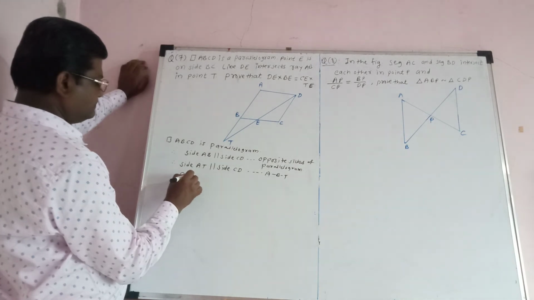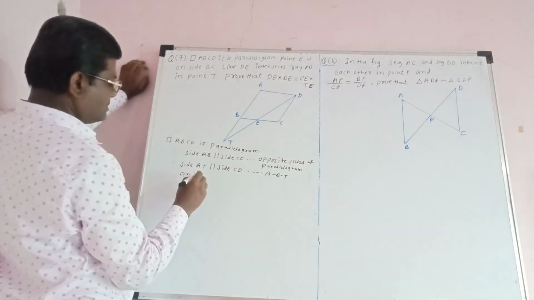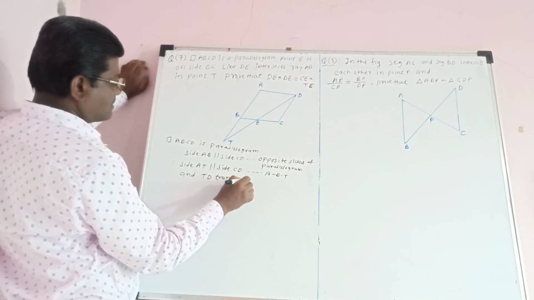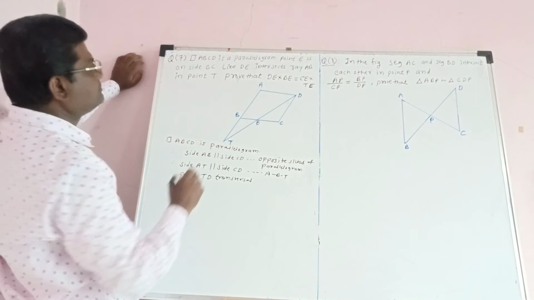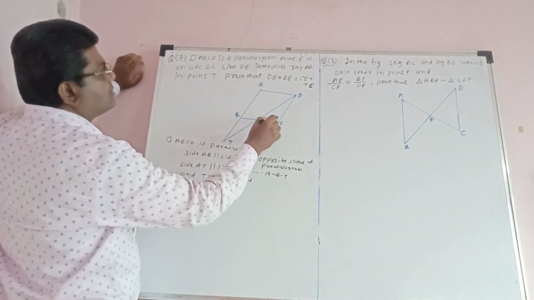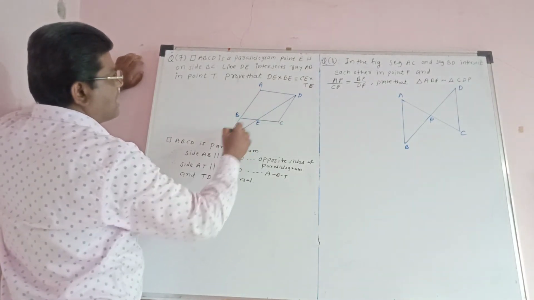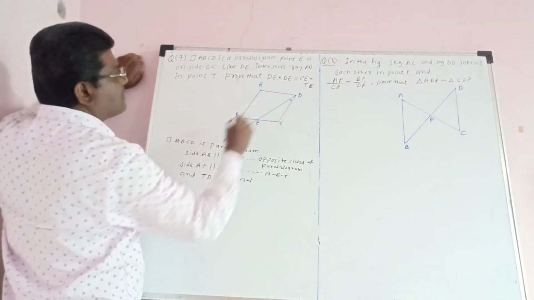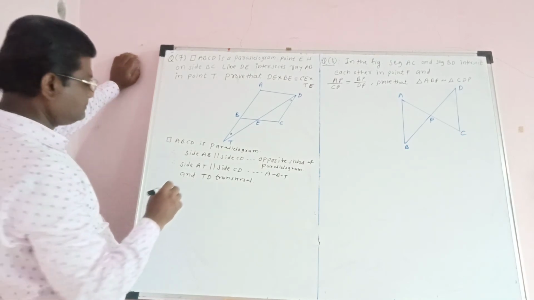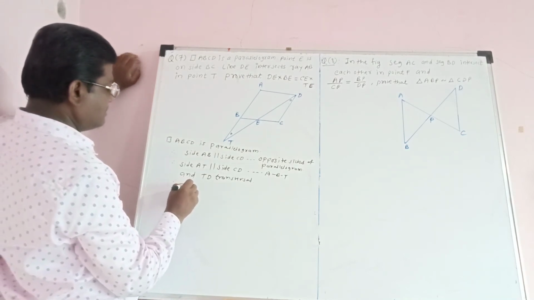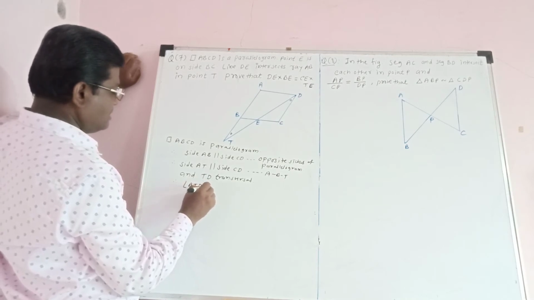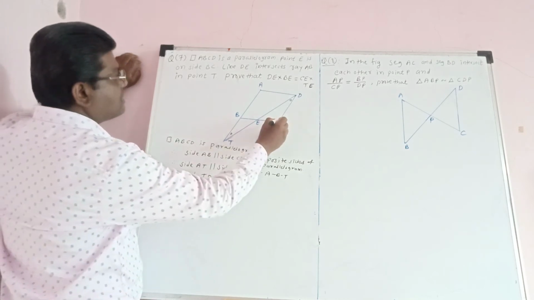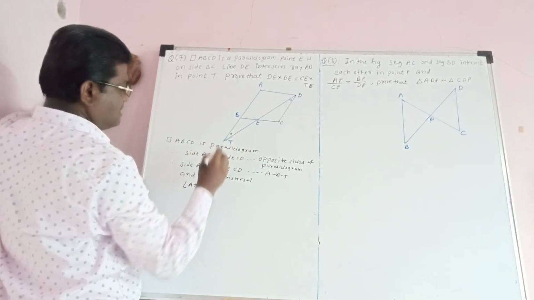And now TD is a transversal. Therefore AT is parallel to CD and TD is a transversal, so this angle and this angle are alternate angles. Therefore angle ATD is congruent to angle CDT.